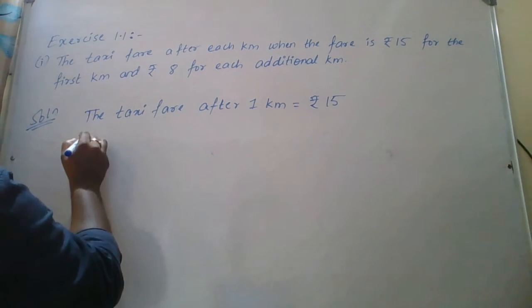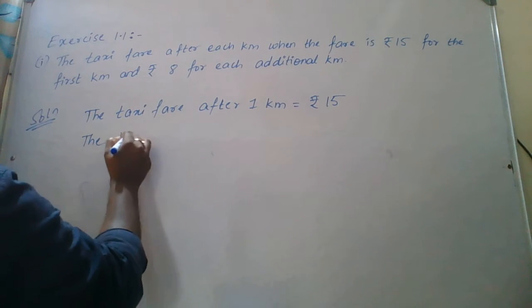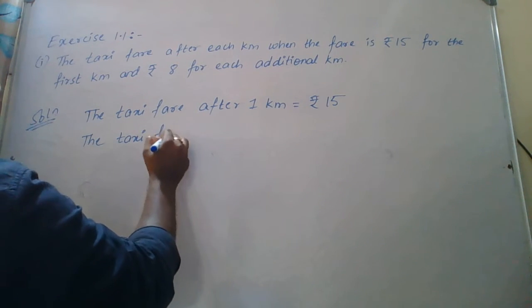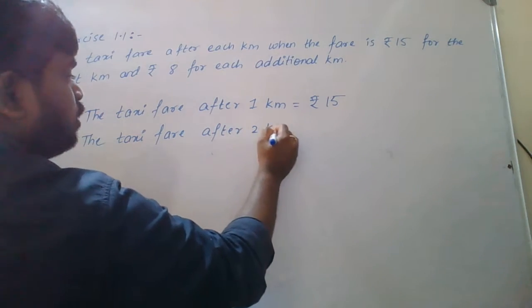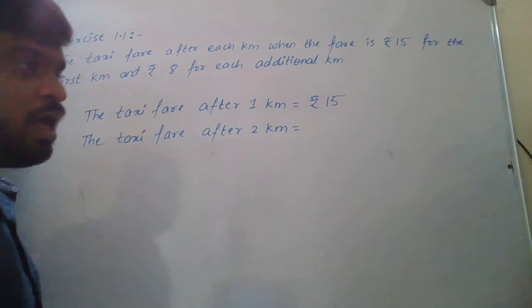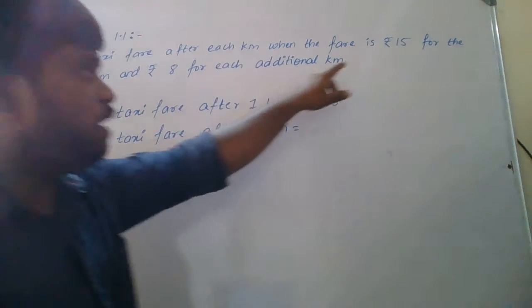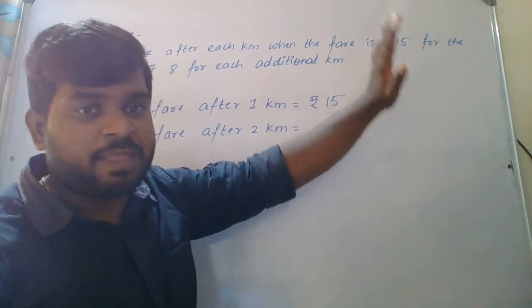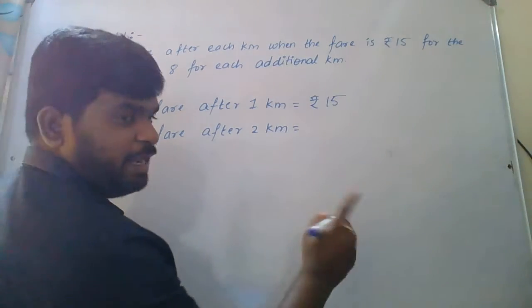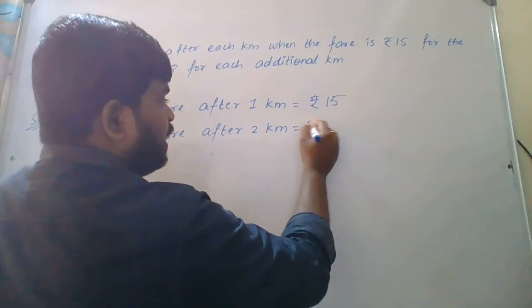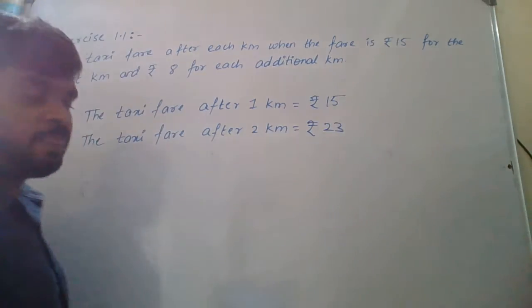The taxi fare after 2 kilometers: for the first kilometer, we will pay 15. Then again 8 rupees for the next 1 kilometer. So it will be 15 plus 8. So it will be 23 rupees.